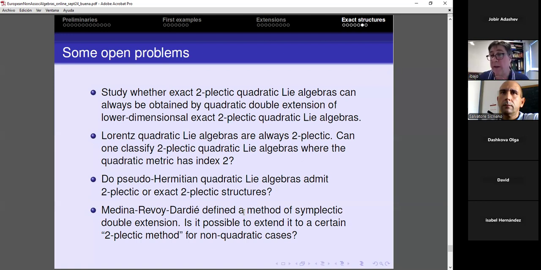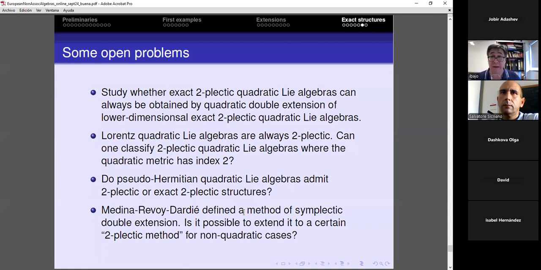It is obviously a quadratic double extension of something, but maybe the Lie algebra in the middle does not have a two-plectic form. But there's one case which is very obvious. Just think of a two-plectic quadratic Lie algebra of dimension 6, for instance the T star extension by 0 of the Heisenberg Lie algebra.